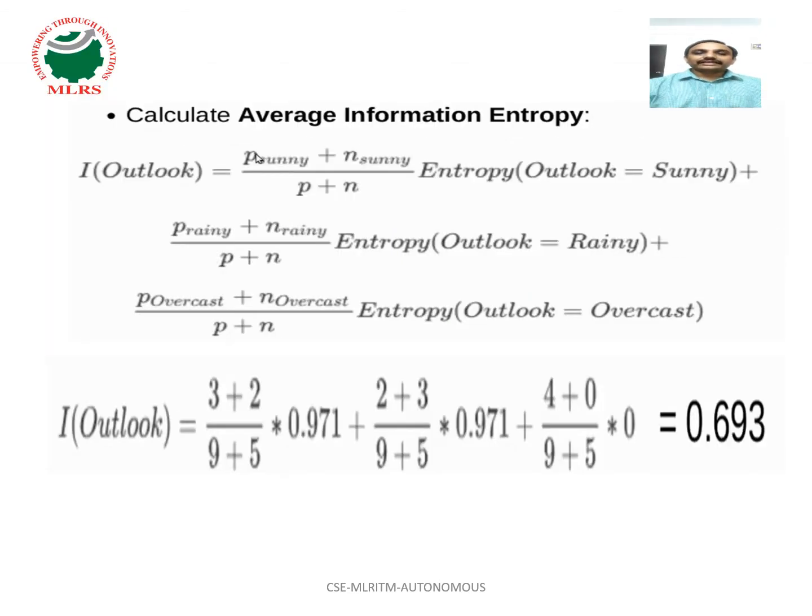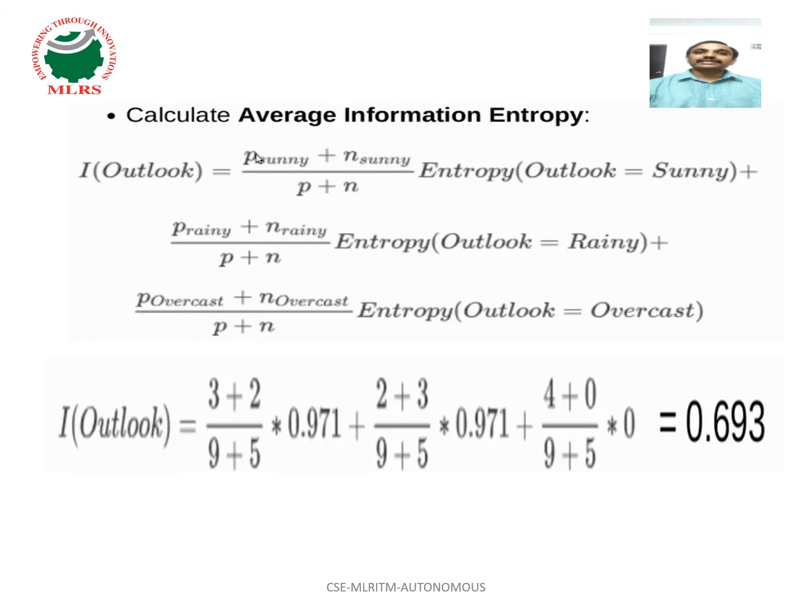After calculating entropy of each value of the attribute, we have to take the average information entropy. So what is the formula for this one? Information entropy of that particular attribute equals, in the numerator, that attribute value's positives and negatives divided by total positives and total negatives.